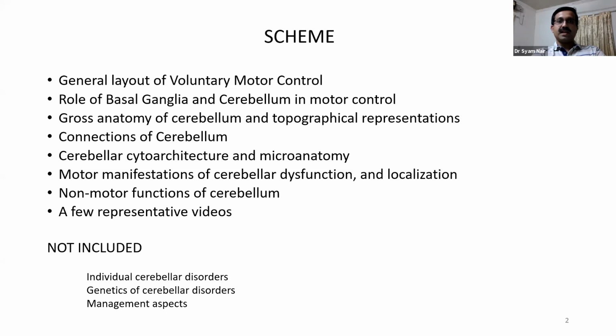Then the gross anatomy of the cerebellum and the topographical representations, connections of the cerebellum, cerebellar cytoarchitecture and microanatomy, motor manifestations of cerebellar dysfunction and localization, non-motor functions of the cerebellum, and then a few representative videos. This is basically on anatomy and localization, so we will not be discussing individual cerebellar disorders, genetics of cerebellar disorders, or management aspects.